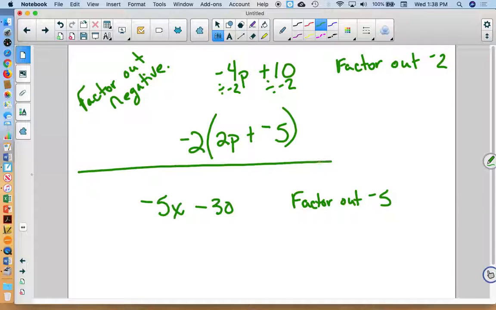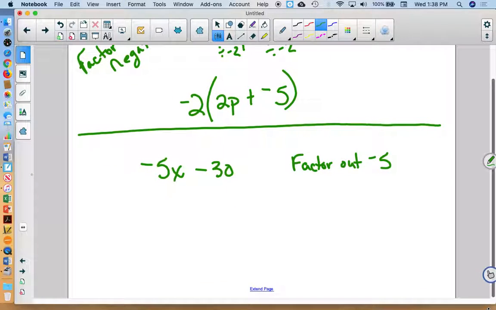Why do you think it would be beneficial to factor out the negative 5? You might say it's going to help you because then your x becomes a positive x. And we'd much rather work with solving for positive variables. So in this case, I am going to divide negative 5x by negative 5. Pulling out a negative 5. Negative 5 divided by negative 5 is x. That's all that's left.